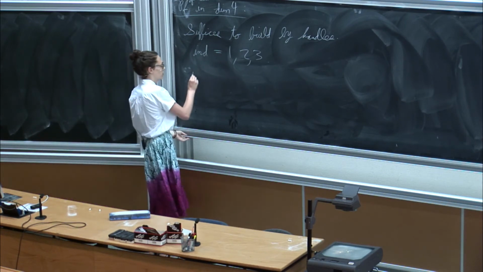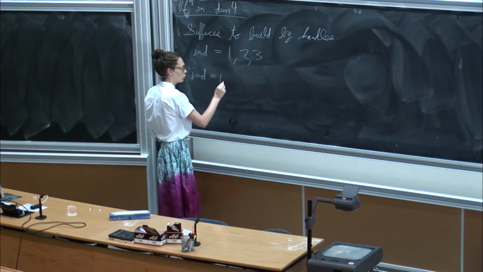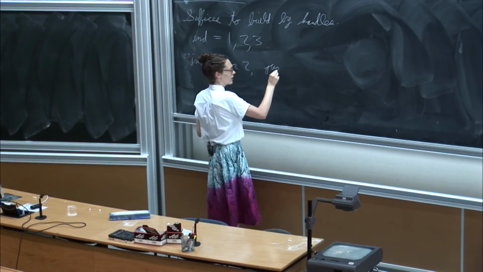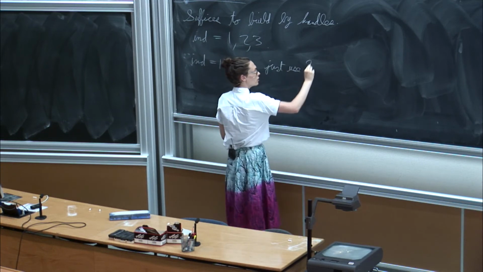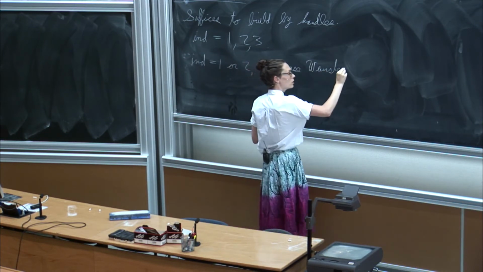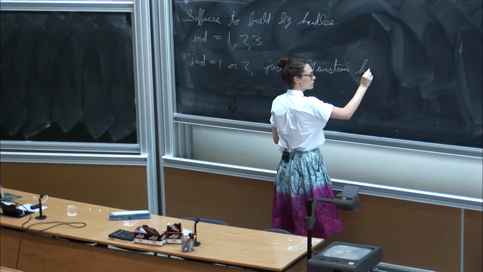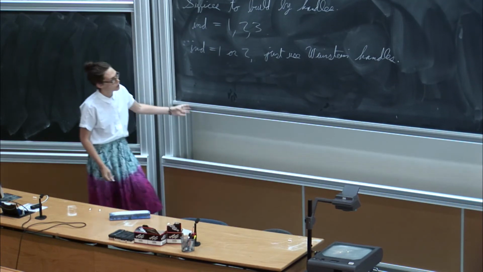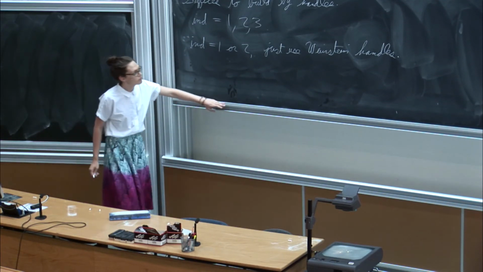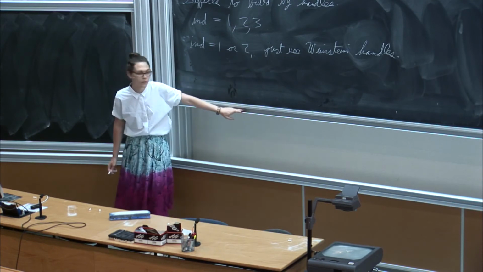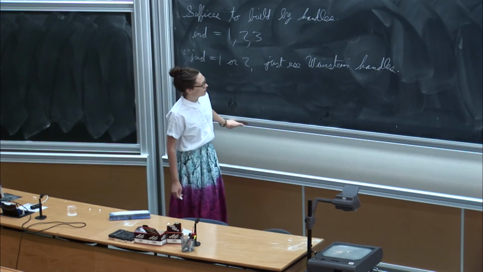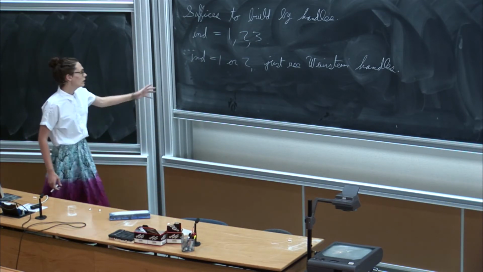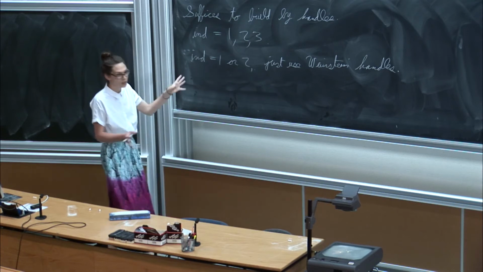Furthermore, if the index is equal to 1 or 2, well, then I can just use Weinstein handles. So this is sort of a classical-ish thing. If you're not familiar, let's just say that it's very well understood. And in general, up to half dimension, there's kind of no problem with this.